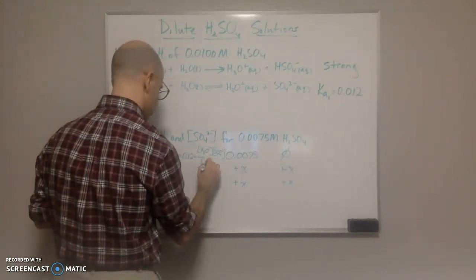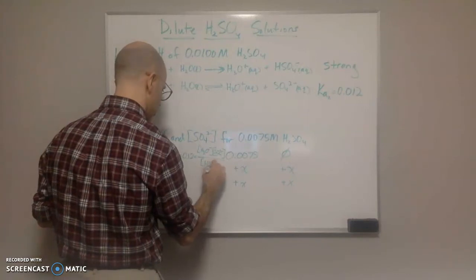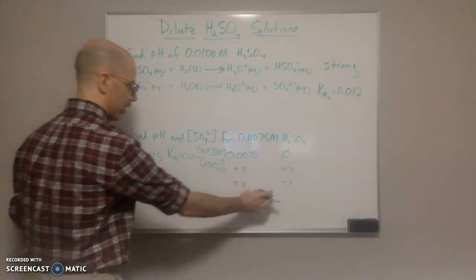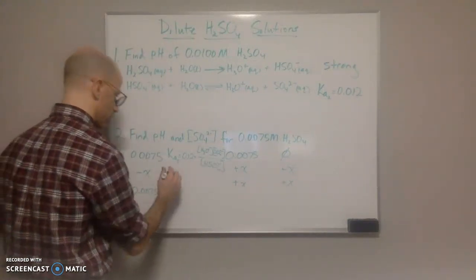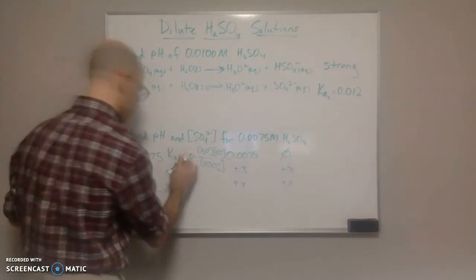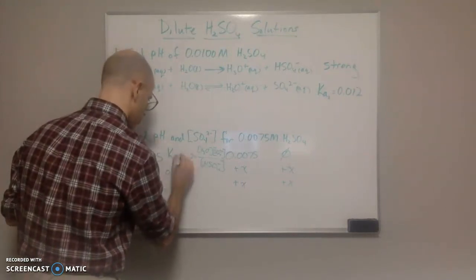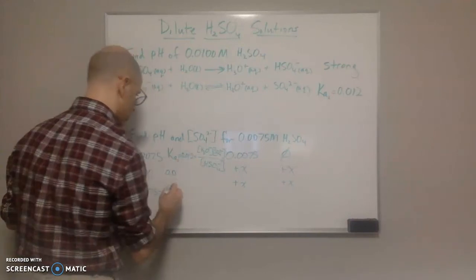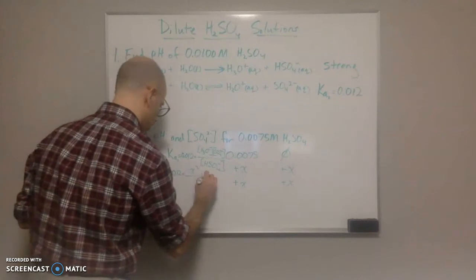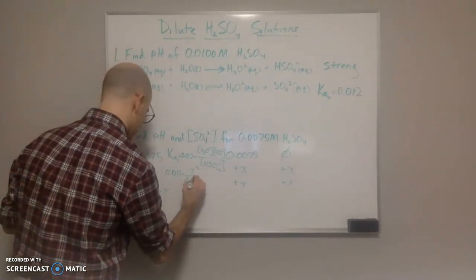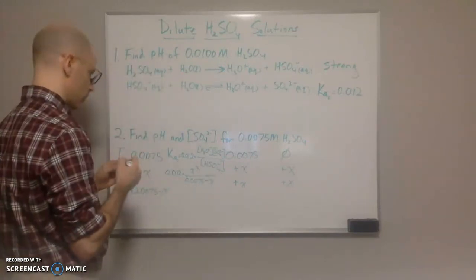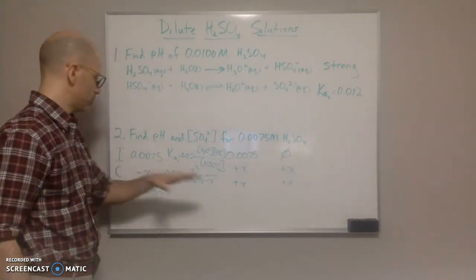Plugging in our equilibrium expressions, we get 0.012 is equal to X squared over 0.0075 minus X.